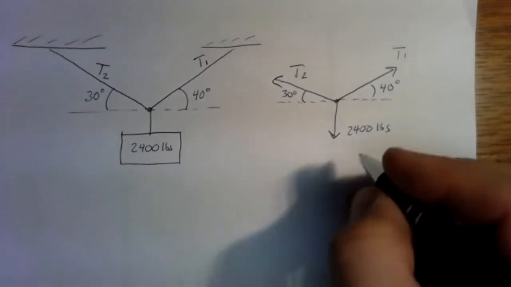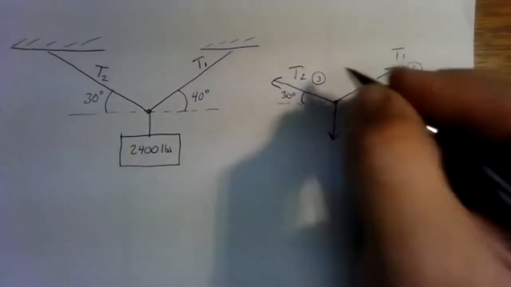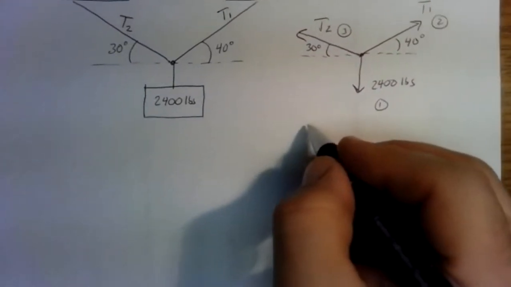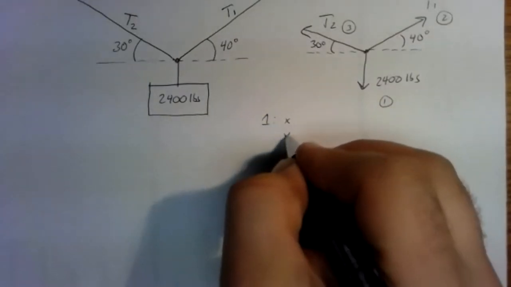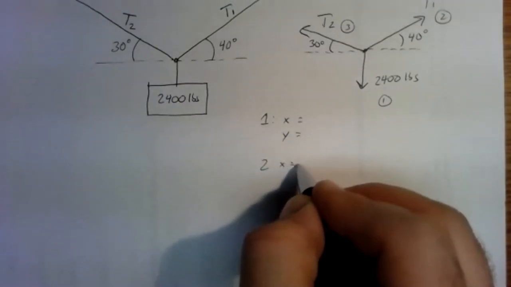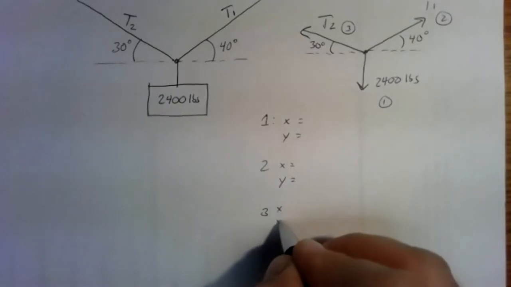So let's go ahead and label the vectors. We'll have vector 1, vector 2, and vector 3. And each of those is going to have components to them. So we have vector 1, x and y, vector 2, x and y, and vector 3, x and y.